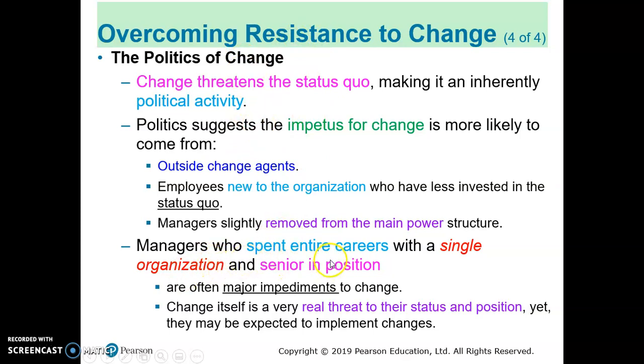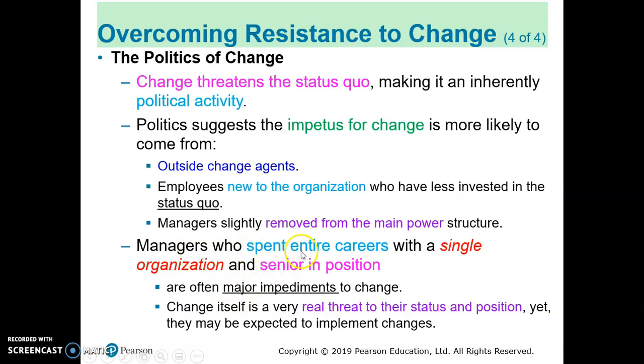Managers who spend their entire career with a single organization and are senior in position can also become a major impediment to change, because they have quite a high stake in the status quo, having spent their entire career in one job, in one organization. They are also senior, so of course they do not want to lose their status quo or their title. Change can threaten their status quo, so they do not want to change.